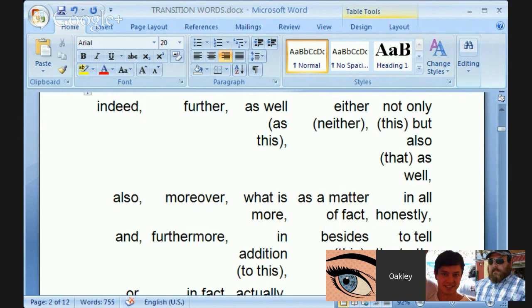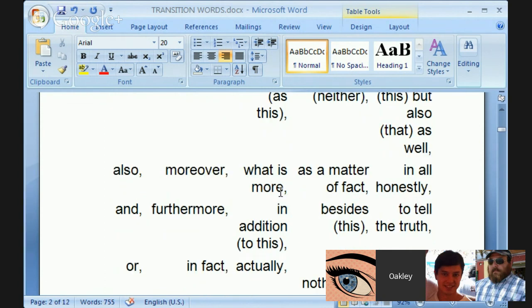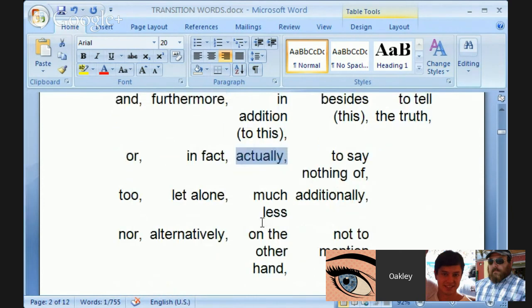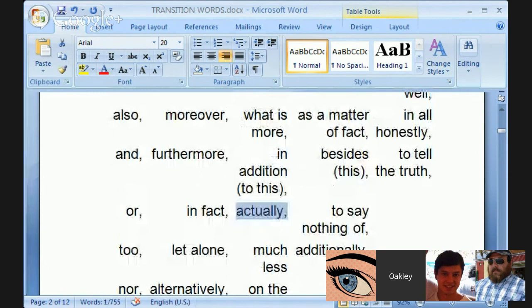When we're starting out and giving additional information we think the listener might not know, or to correct information, add information and correct it, we often say actually. Well, actually, here's a piece of information you didn't know.